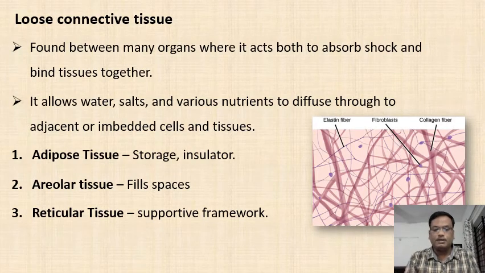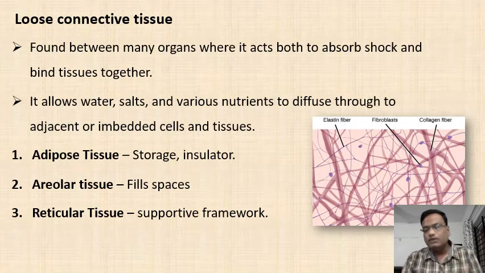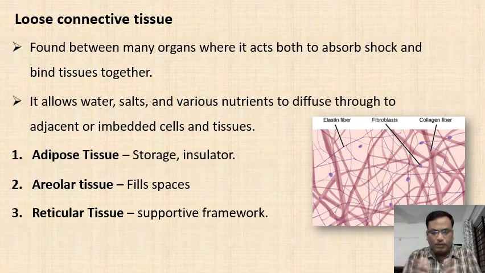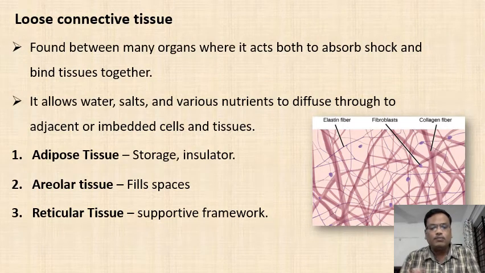Say, for example, the liver. The liver is made up of nervous tissue, muscular tissue, epithelial tissue, etc. But in between these different types of tissue in the organ, we find the connective tissue. So connective tissue normally provides a platform in which other tissues exist and form the organ structure.